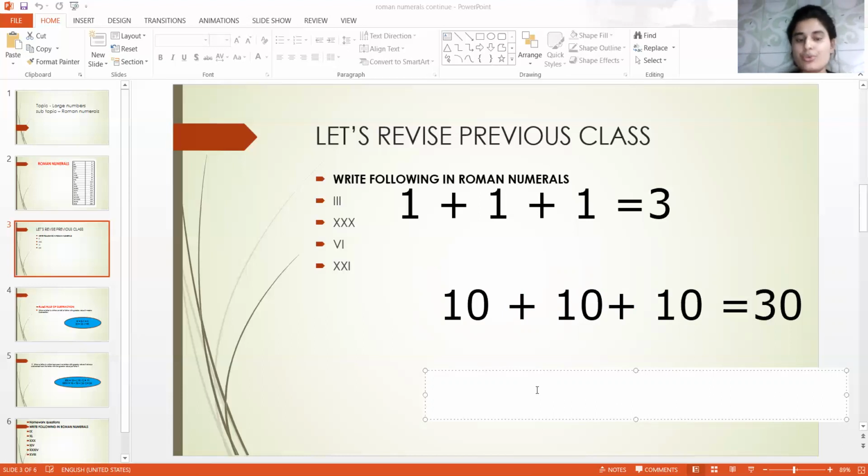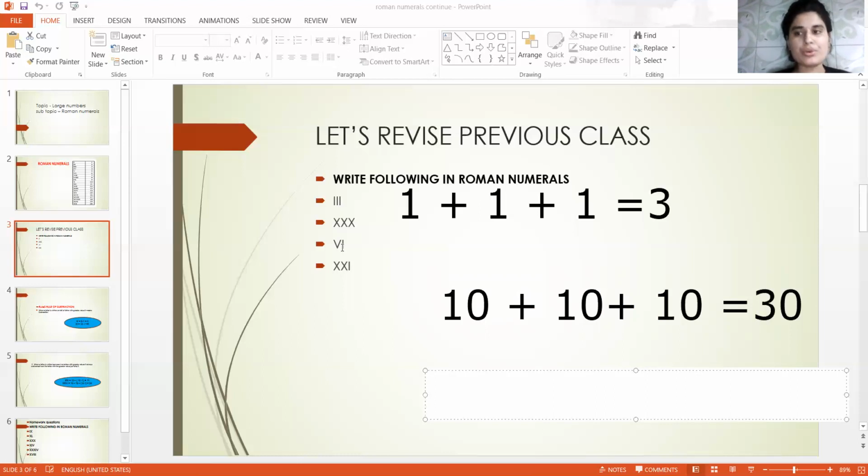I told you whenever the greater symbol is on the left side and the smaller symbol is on the right side, we have to apply the rule of addition.